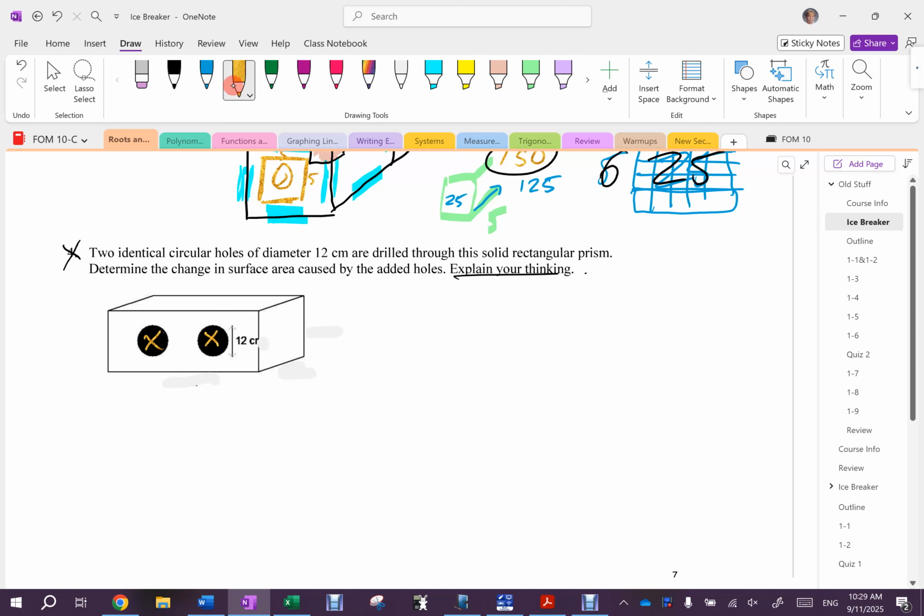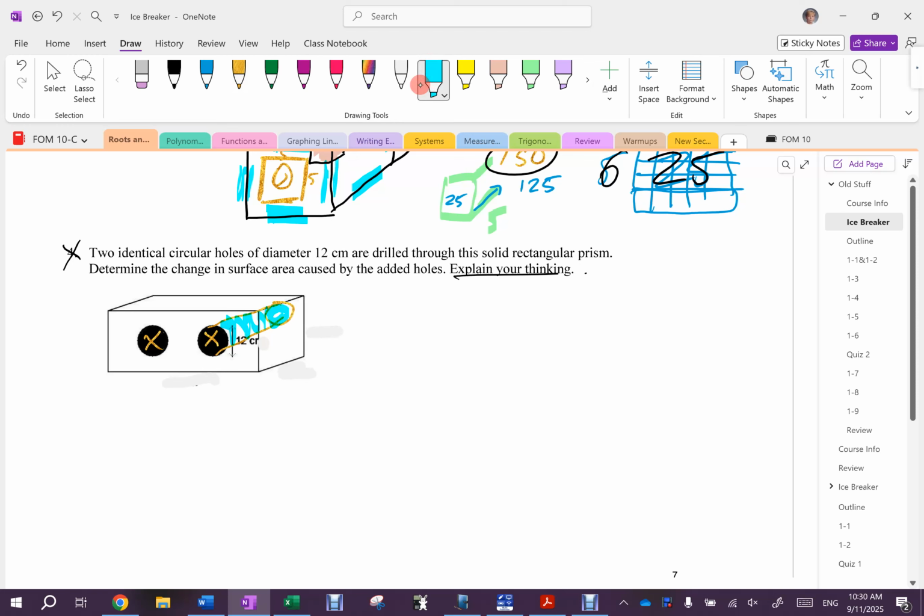So if I dip this in paint, isn't the walls of those holes going to be covered in paint? Yes or no? Yes, they are. Which means that's new surface, isn't it? So even though I drilled a hole, I will actually have more surface area. Does everybody understand? Because the paint will now go inside all the way down that tube.